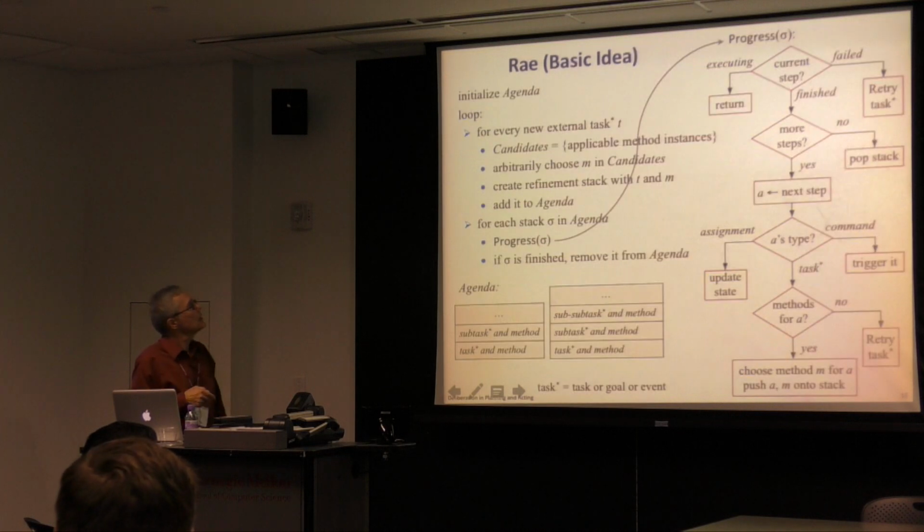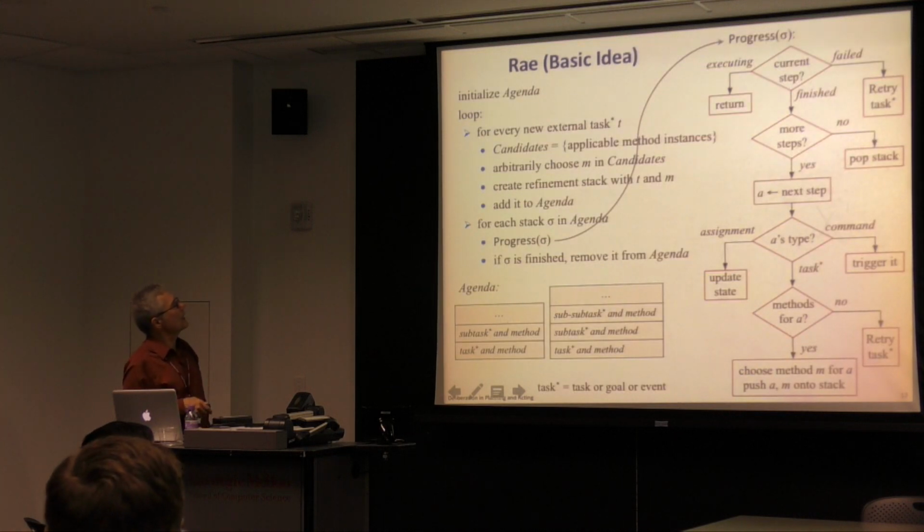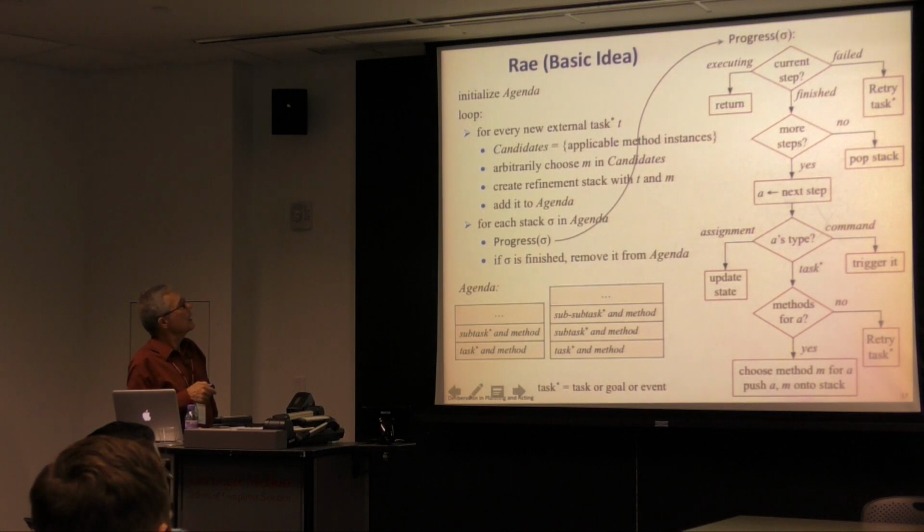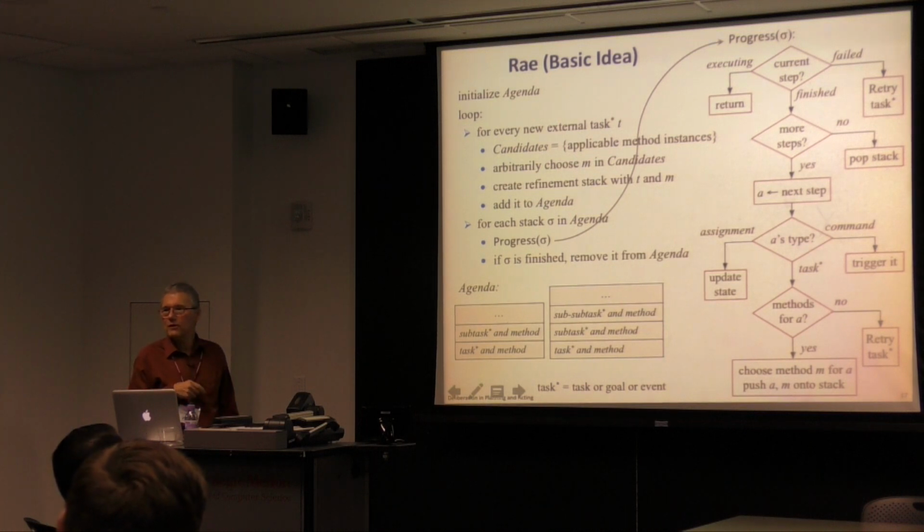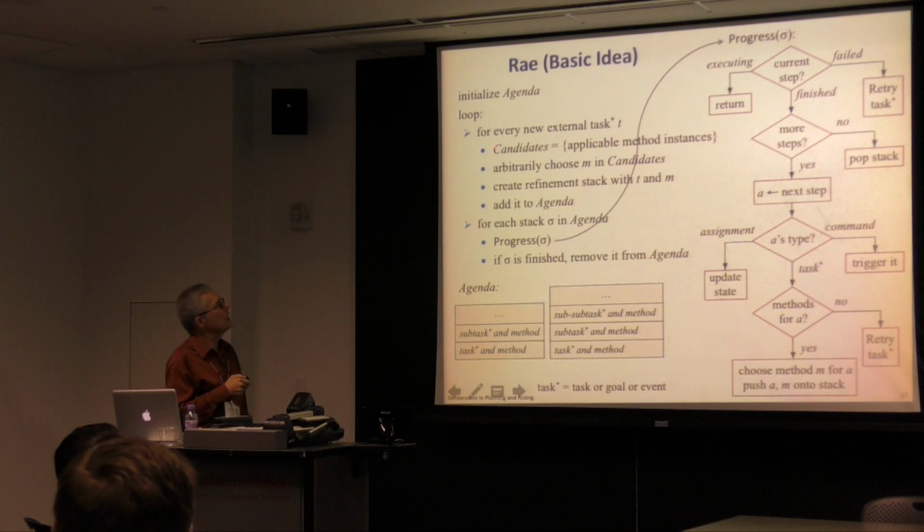So the basic idea of it, here is the pseudocode for it. We go around in a loop where we do something. What is that something? You look to see all of the external tasks that have come in since the last time you went through this loop. And for each of them, you look for the set of method instances that are applicable.